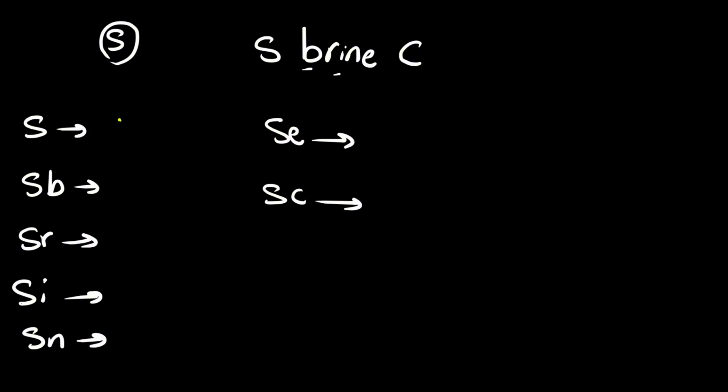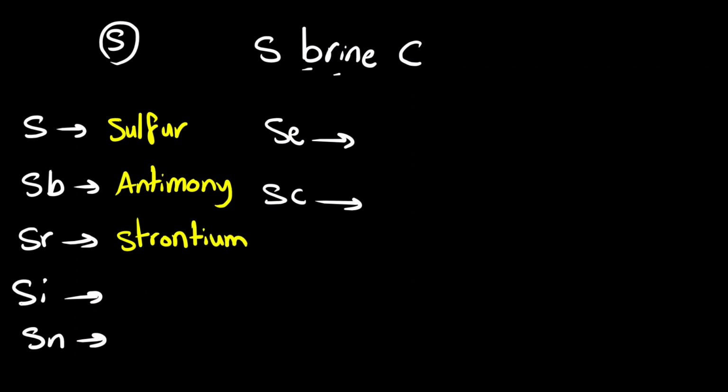S itself is the element sulfur, SB is antimony, SR corresponds to the element strontium, SI is silicon, SN is the metal tin, and the scientific name of tin is stannous.